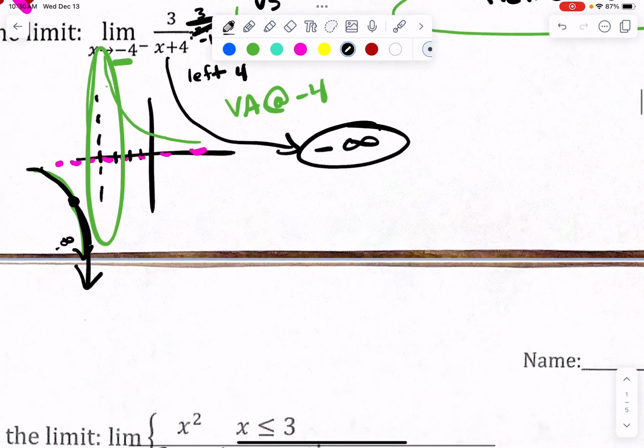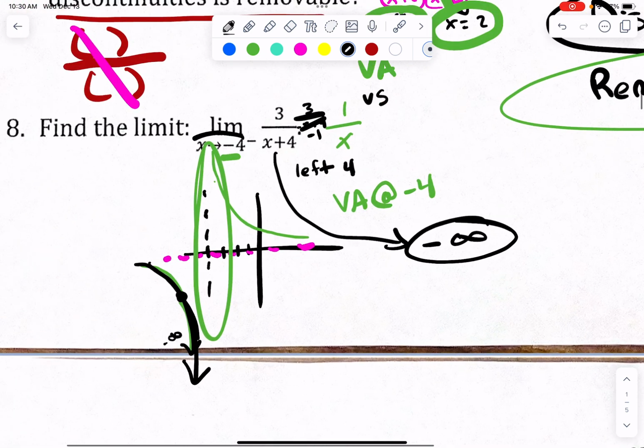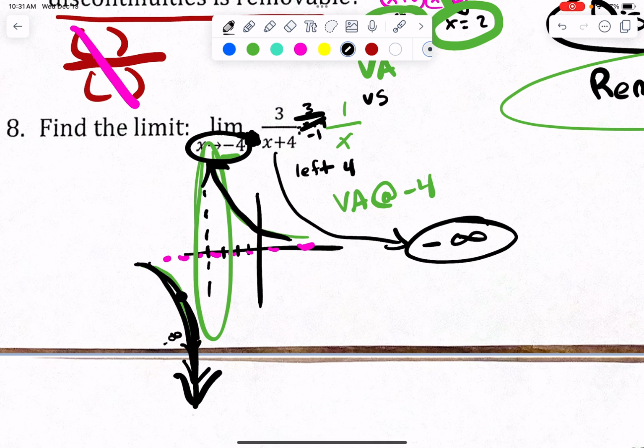Now, if I were to ask you just negative 4 without having the plus and minus on it, I'm talking about negative 4 on the left side and negative 4 on the right side, right? What would the answer be to that one? If I'm looking at negative 4 both sides together, they're going opposite directions. So that would be does not exist because they're going 2 separate directions.